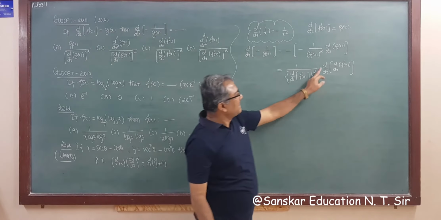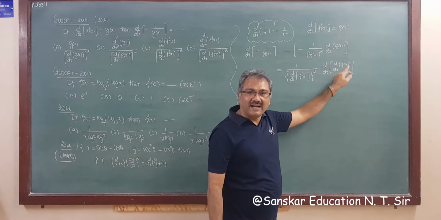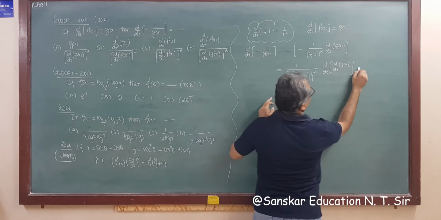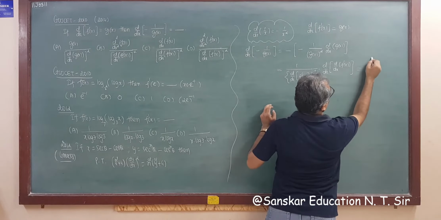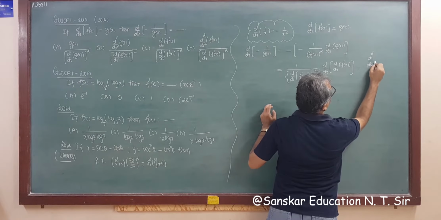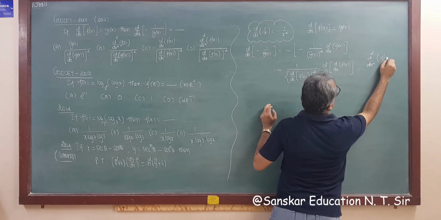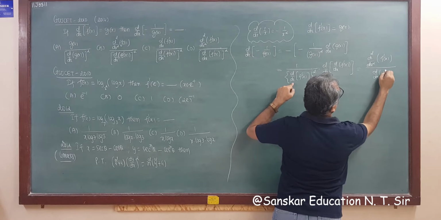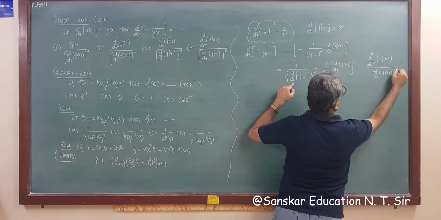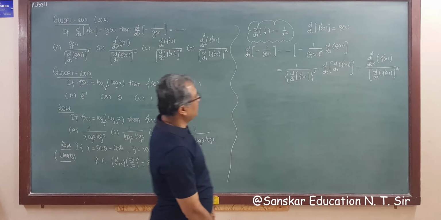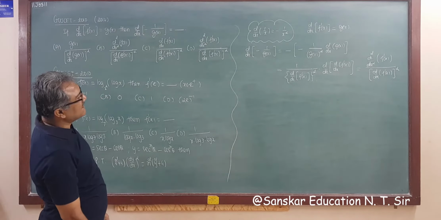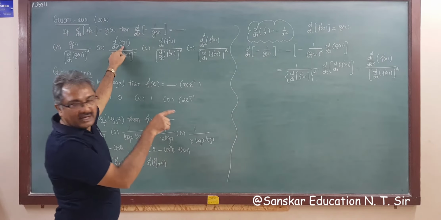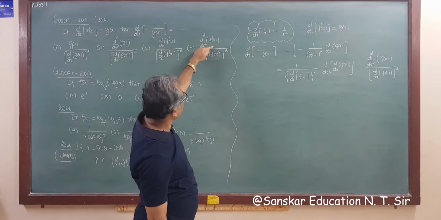So this is d/dx of d/dx of f(x), that is d square by dx square of f'(x) whole upon d/dx of f'(x) whole square. So your proper answer will be d square by dx square, but here it is f(x) and we have f'(x).